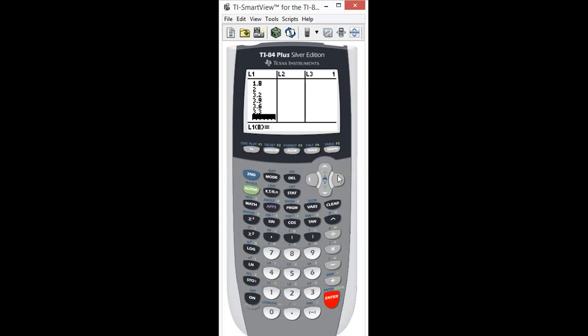I'm going to arrow to L2 and enter my after information, which is from the boat. 1.5. 1.4. 1.6. 2.2. 2.2.